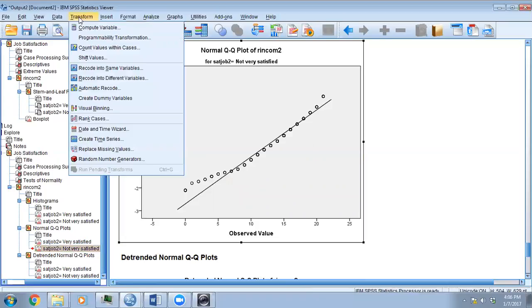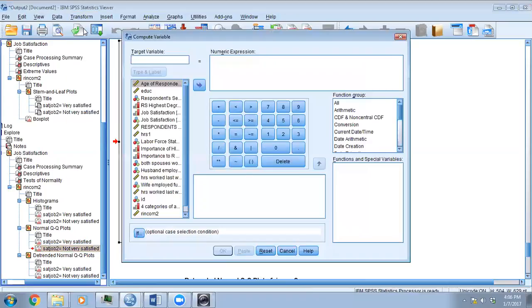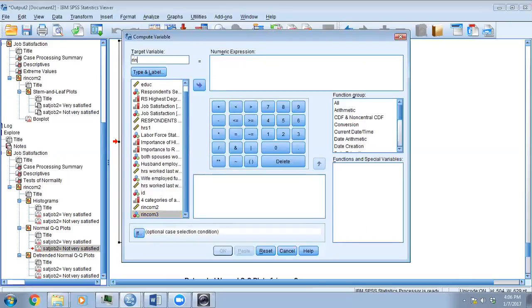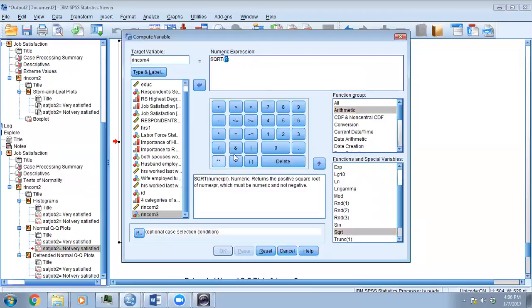What we're going to do is Transform, Compute. Say I want to compute our income 4, and we're going to do arithmetic here. We're going to use square root.